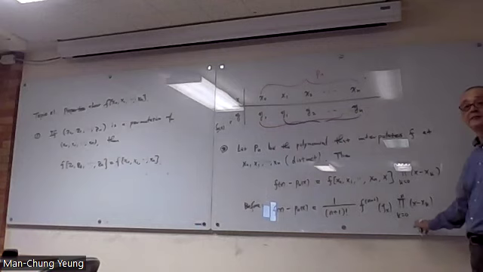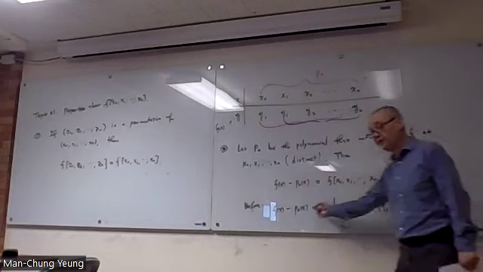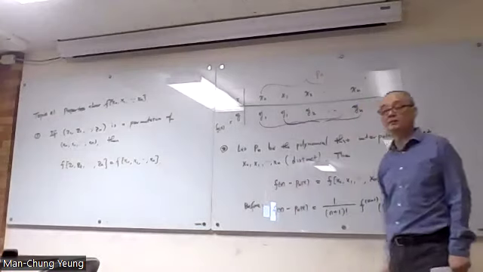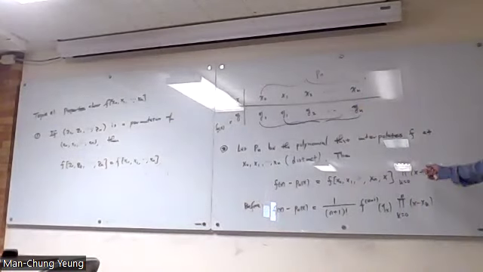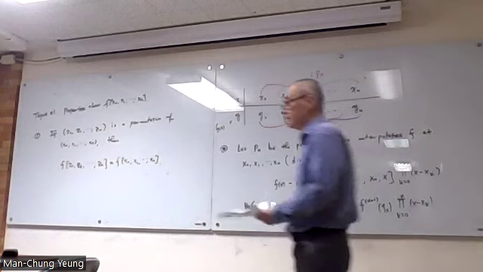How close is the interpolation polynomial to the function? So what is the difference between these two formulas?